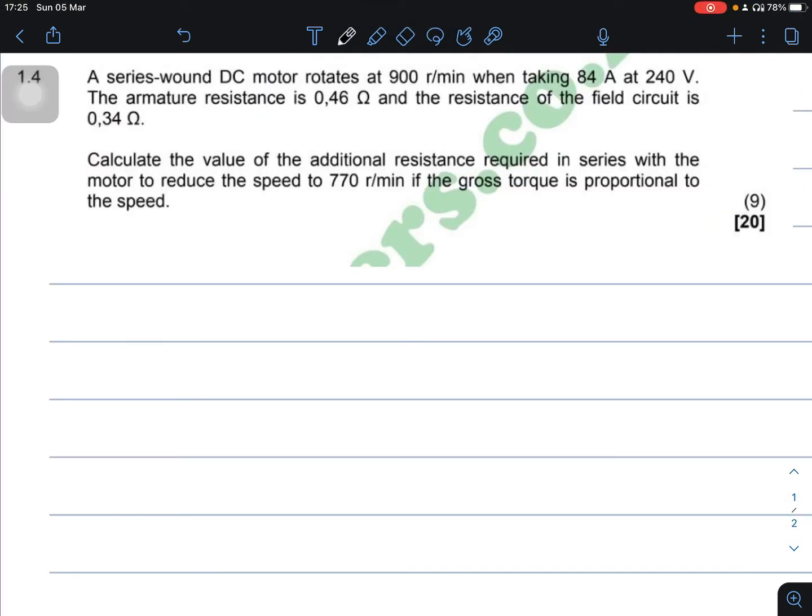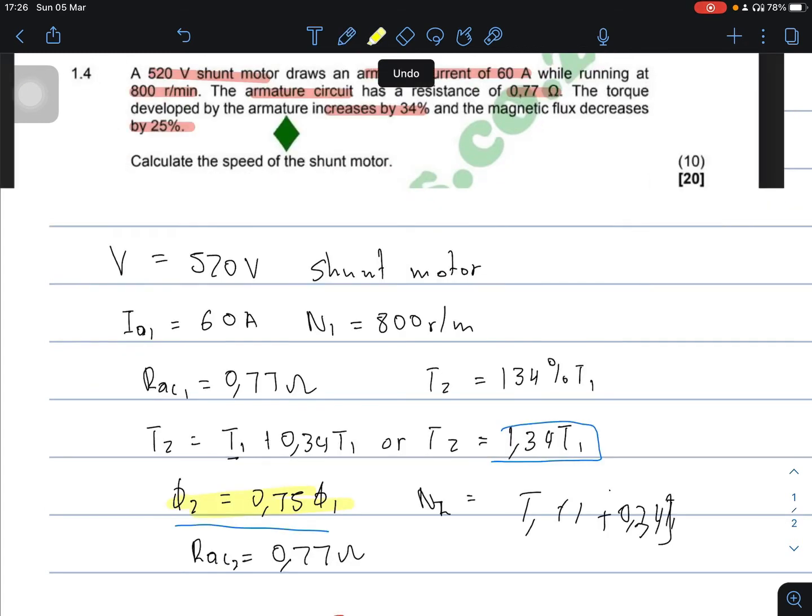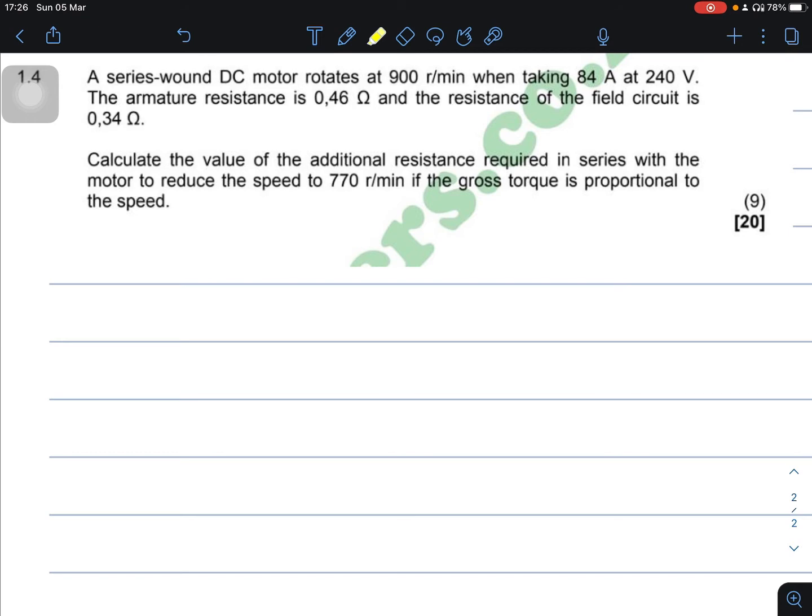Okay, guys, the second question was saying a series wound motor. I highlight that. A series wound DC motor rotates at 900 revs per minute when taking 84 amps at 240 volts.